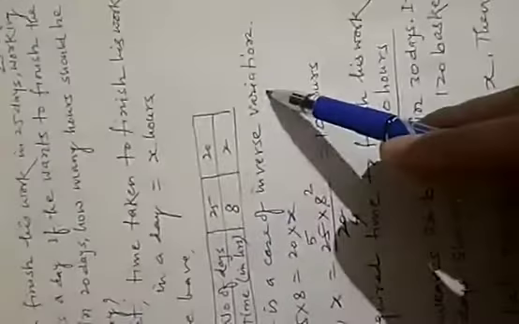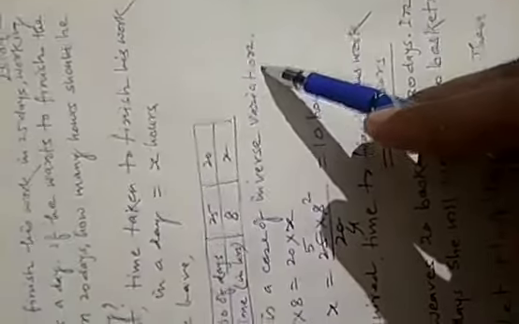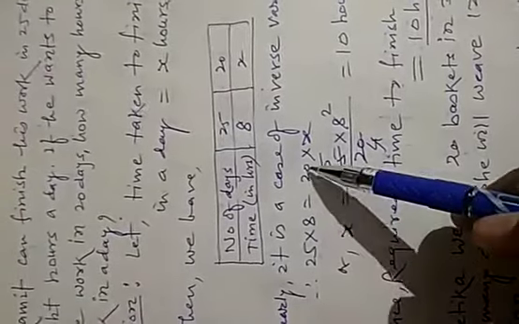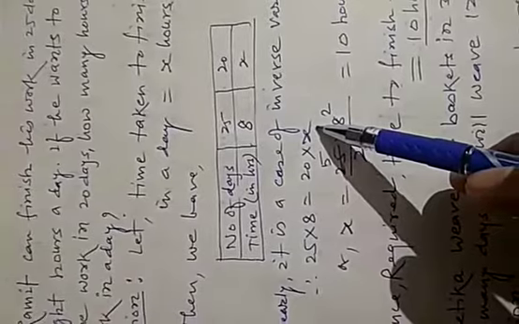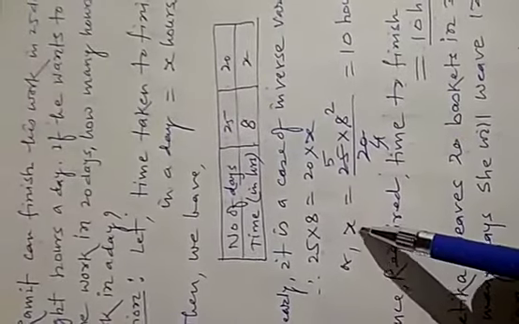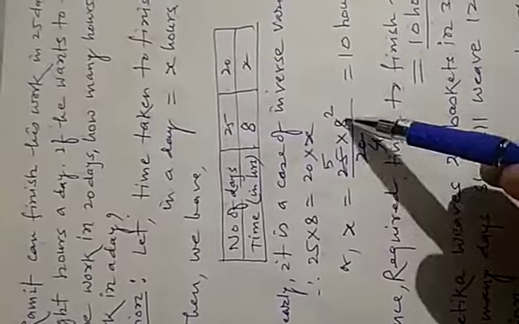Clearly, it is a case of inverse variation. So, we can write 25 into 8 is equal to 20 into x, or x is equal to 25 into 8 by 20.